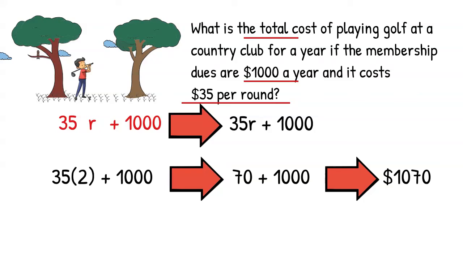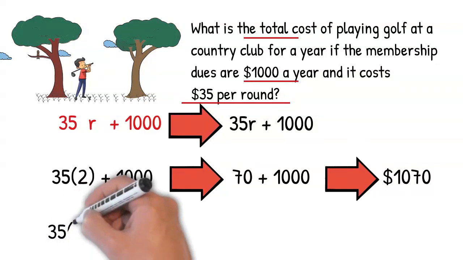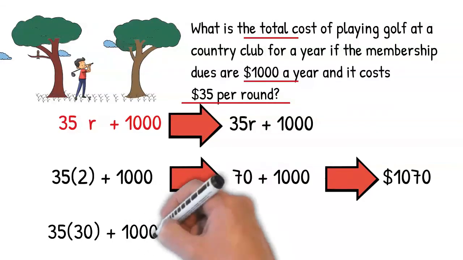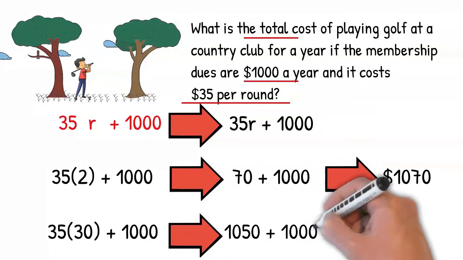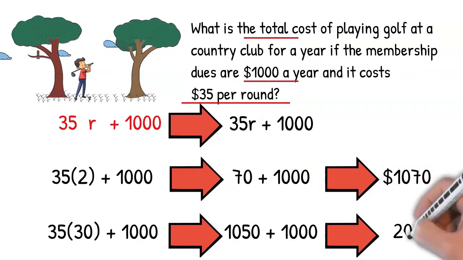What if we played 30 rounds of golf? Then plug in 30 for R. 35 times 30 plus 1,000. 35 times 30 is 1,050 plus 1,000. That's 2,050. It will cost $2,050 per year to play 30 rounds of golf as a member of the club.